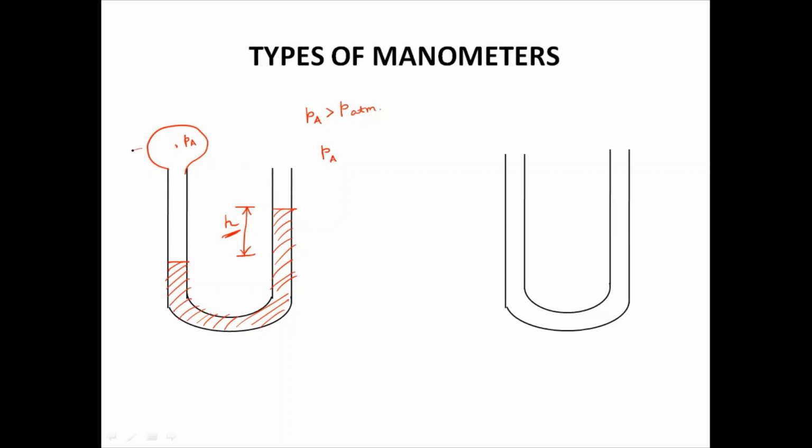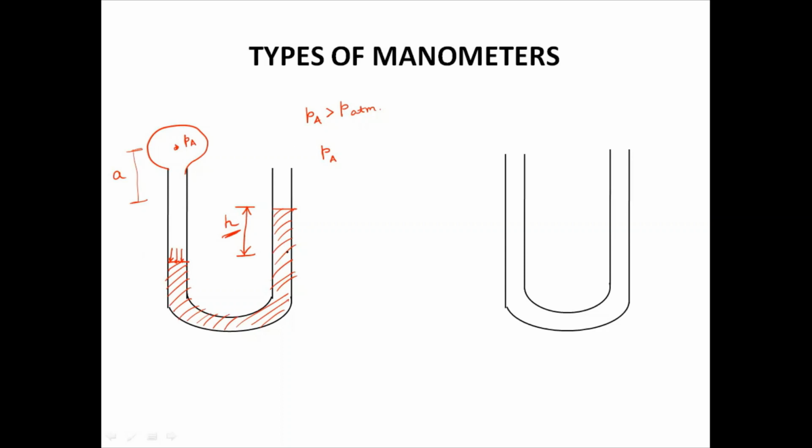This height from point A, you cannot consider it invariant, but if you consider it as A on both sides, it does not affect, because whatever pressure is coming here is also PA. If you consider this as a hydrostatic height, you can consider from PA up to this, but it does not matter.